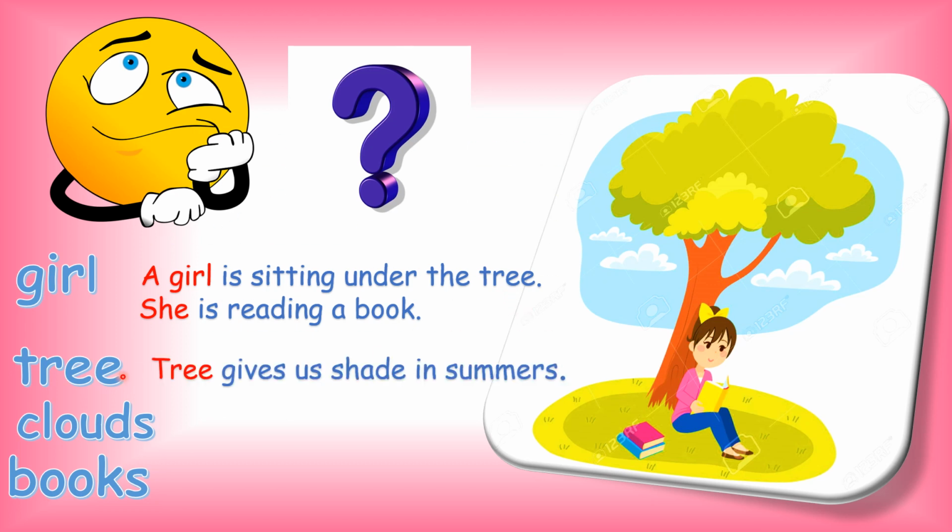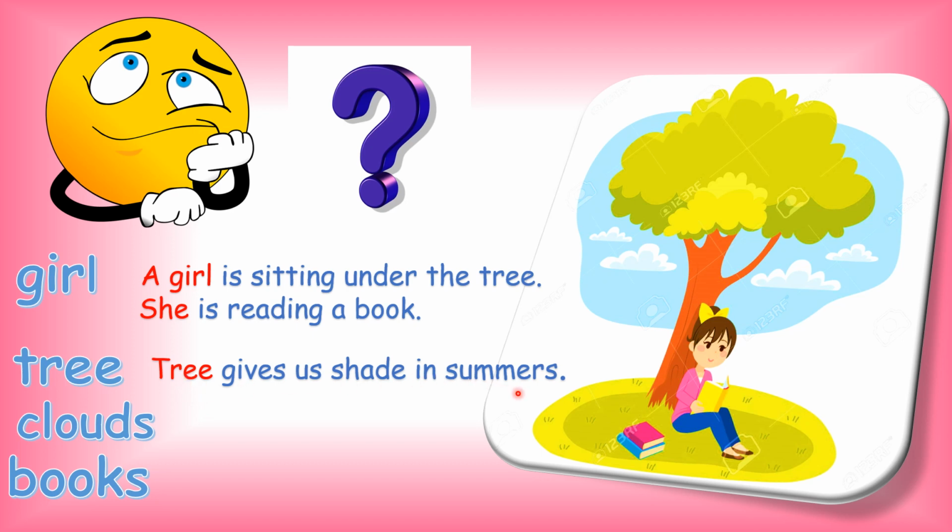Now, let's talk about the tree. Tree gives us shade in summers. So, what are we talking about? We are talking about the tree. So tree is the subject here. And this blue part, gives shade in summers, is giving information about what? About the tree. So this is the predicate.